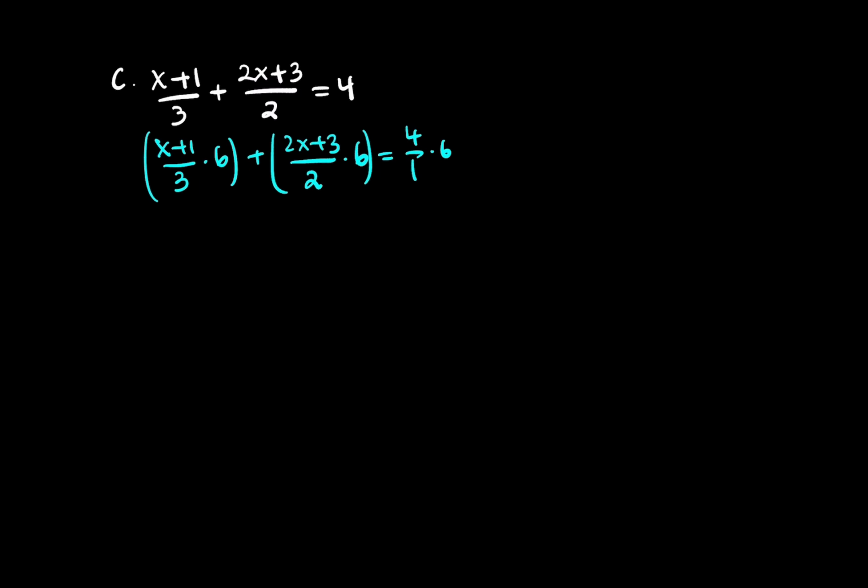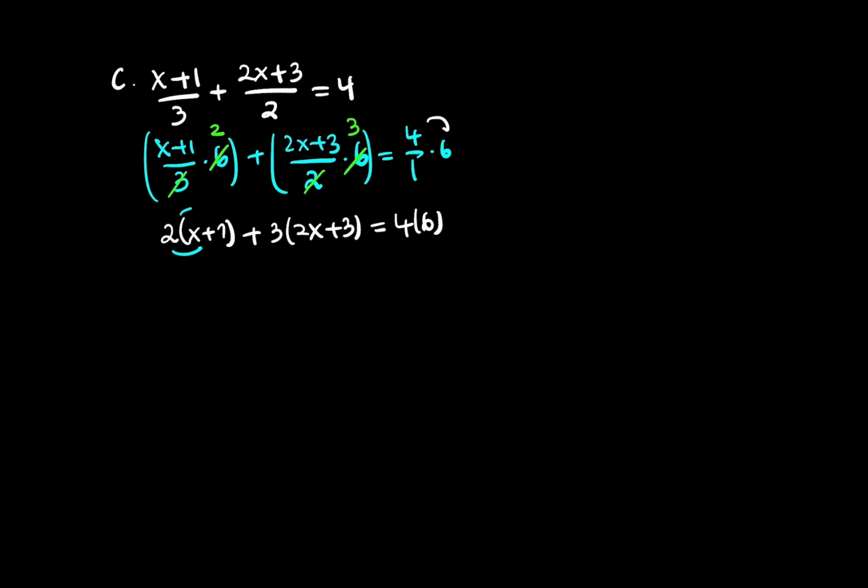Then this is going to be, this is 2, that is 3, and you can multiply this. So 2(x + 1), 3(2x + 3), and 4 times 6.